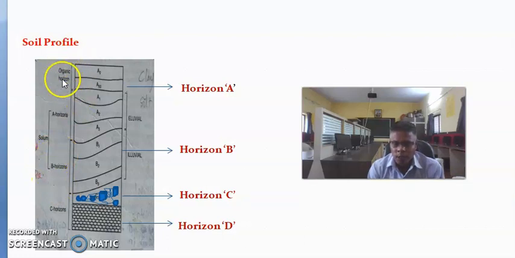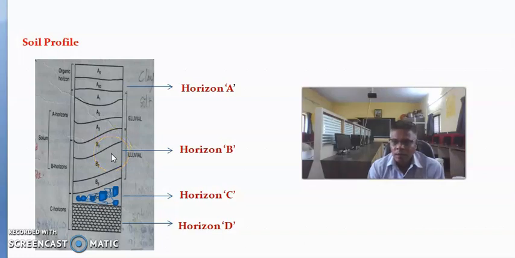Both horizon A to horizon D, or horizon C, are known as regolith, and in the diagram we see the different layers and also discuss the different horizons which are found in soil.